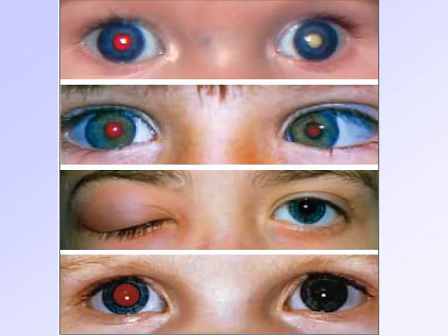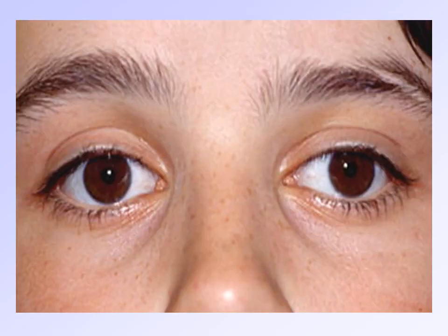This photo shows the red reflex, abnormalities of which may indicate the presence of cancer of the eye. And this picture shows the asymmetrical light reflex, which may indicate a squint.